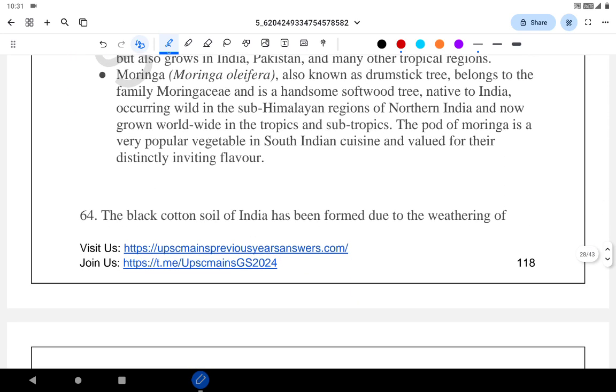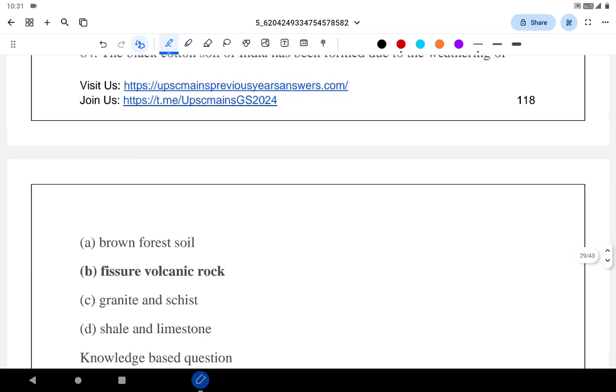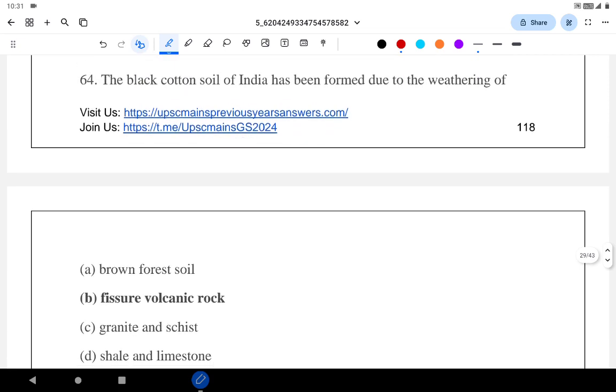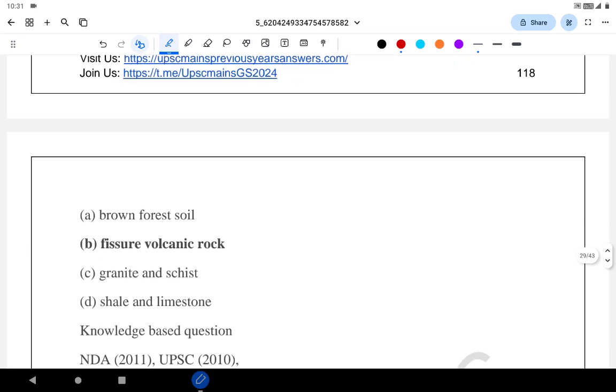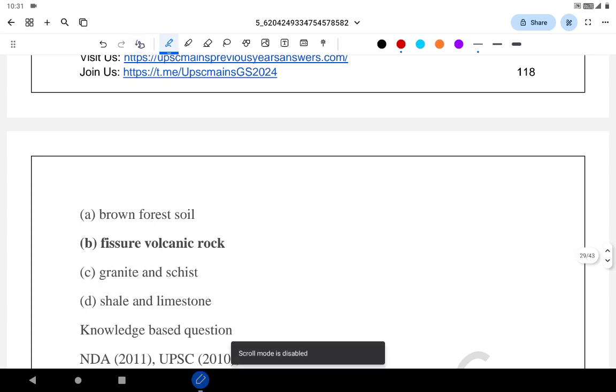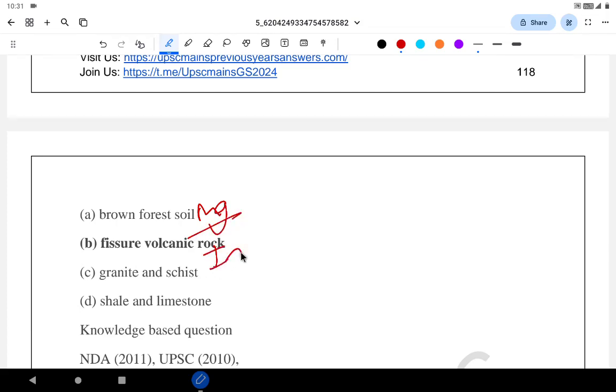Next question is regarding the black cotton soil. The black cotton soil of India has been formed due to the weathering of what? Black cotton soil is mainly formed because of weathering or erosion of basalt rocks. They are mainly found in Maharashtra, Gujarat, Karnataka and Madhya Pradesh. These soils are rich in magnesium and iron.